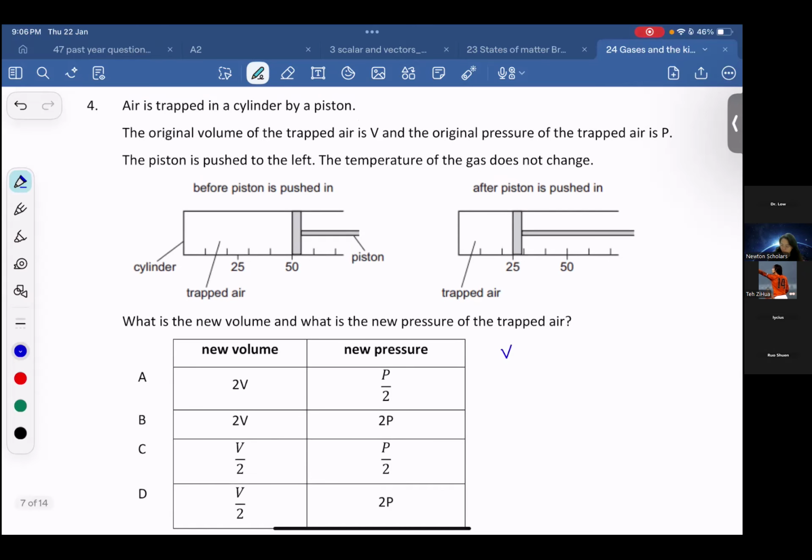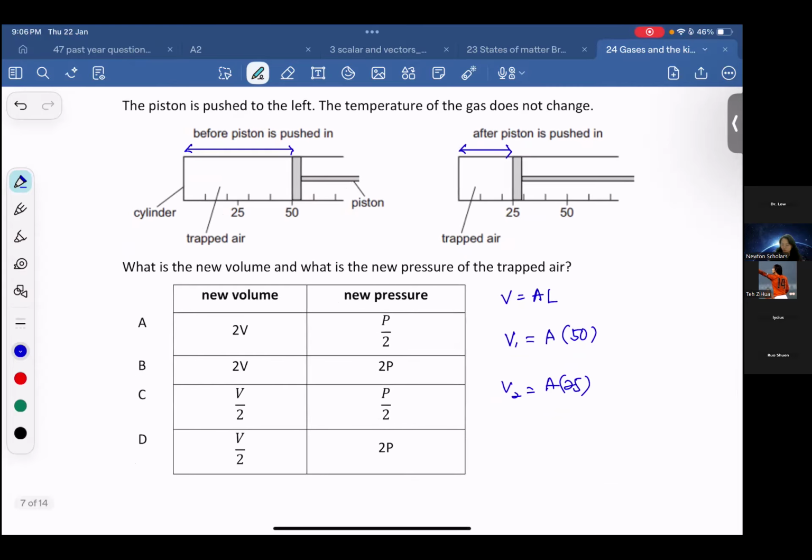Volume is area times the length, so basically you can represent it by the length. The length initially is 50, then it becomes 25. Volume 1 is area times 50, then volume 2 is area times 25. So what is your new volume?